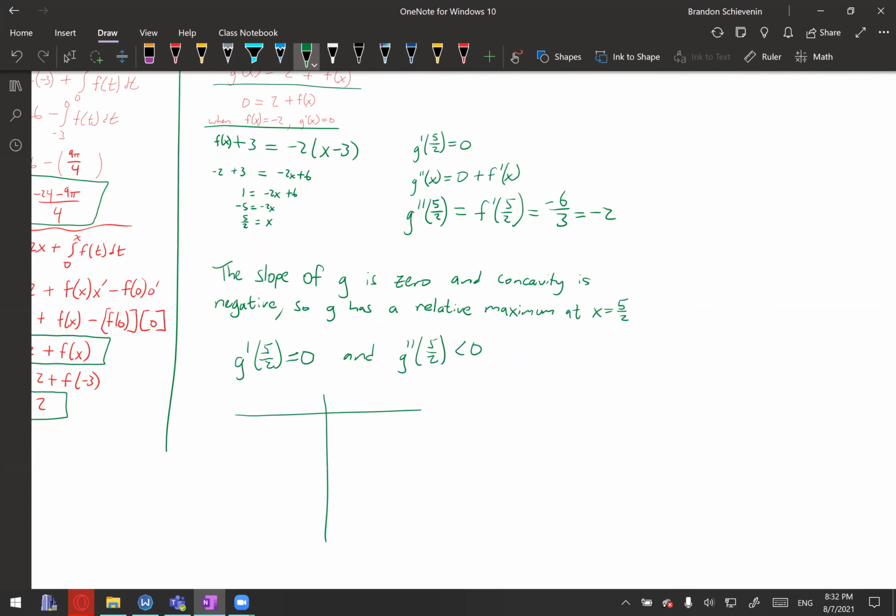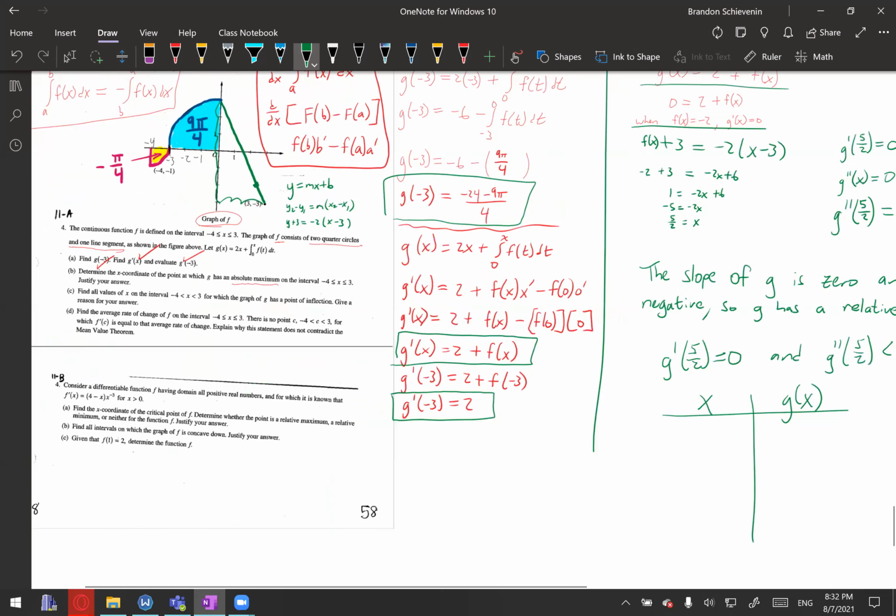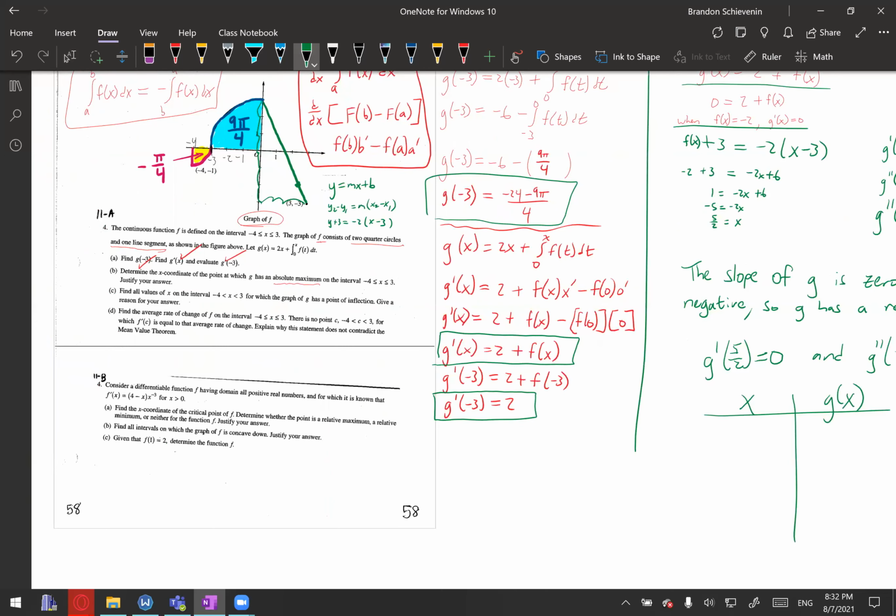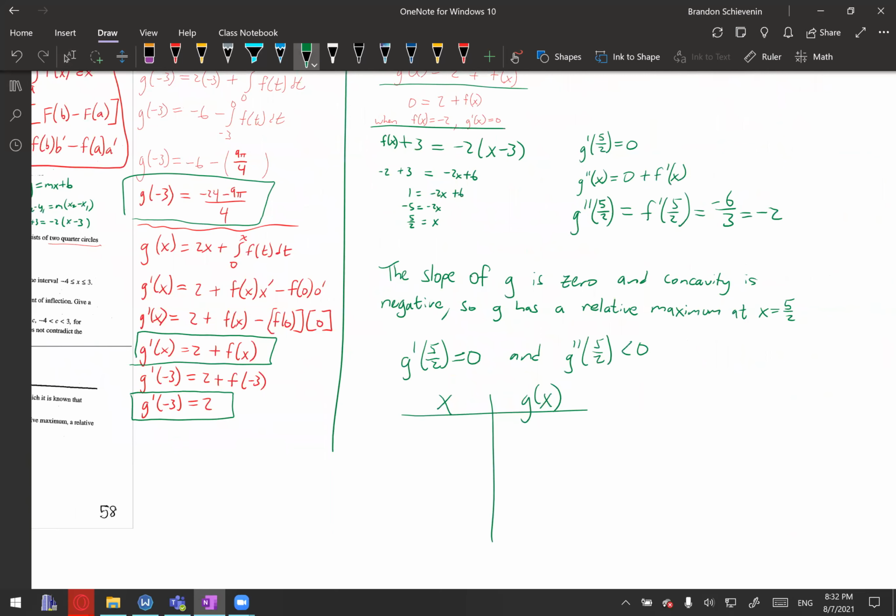This table is going to have all x values where g of x could have the largest y value. That means our starting x value on our interval, which was from -4 to 3. So starting was at -4, ending point was at 3, and then we have our critical point in the middle at 5/2.